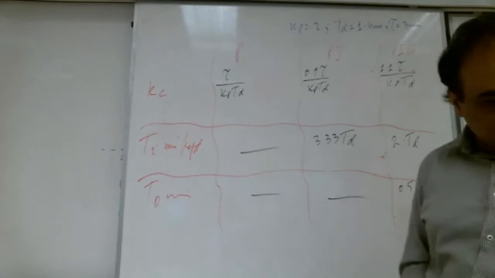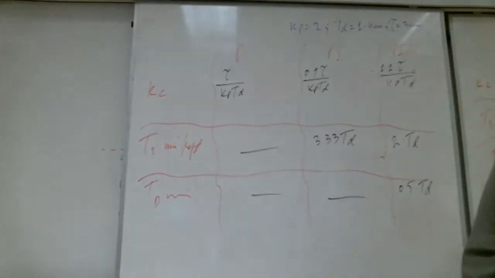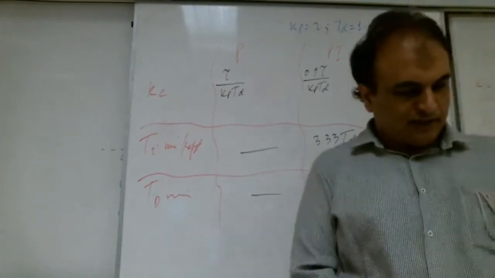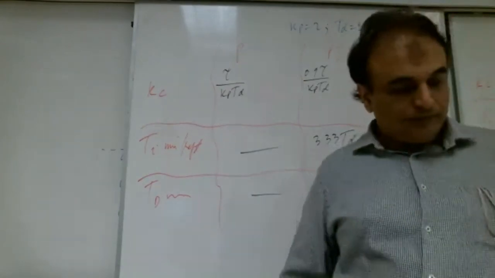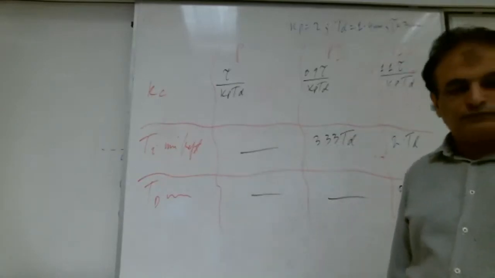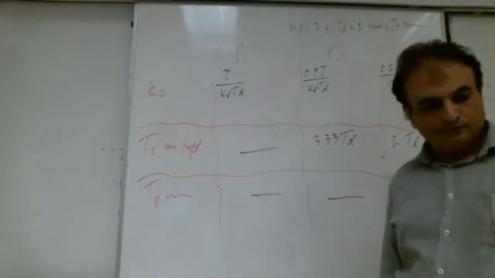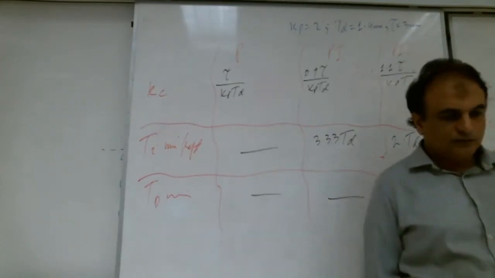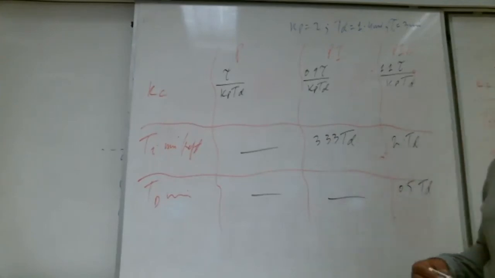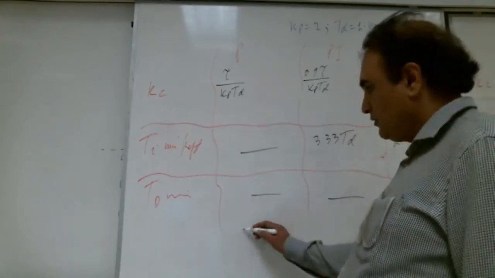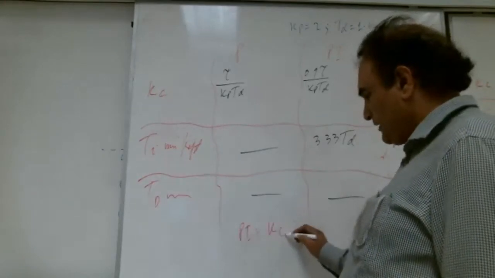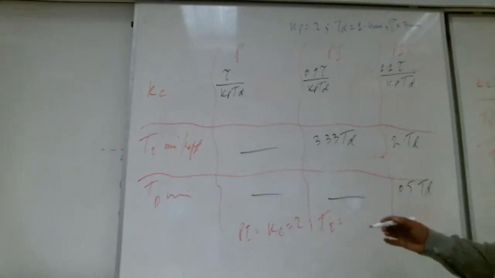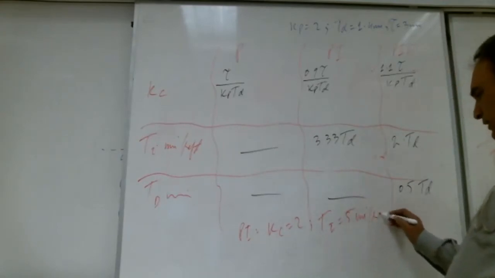Yes, Shabab. Next example, 4.6. Please read 4.6. A controller is working as a PI controller with gain 2 and integral time 5 minutes per repeat.